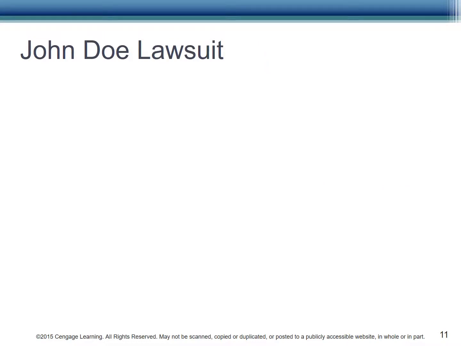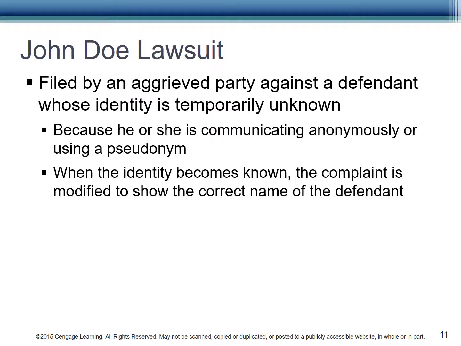Sometimes organizations know that someone's doing something to them that's inappropriate or illegal, but they don't know who it is. In those cases, they may be eligible to bring forward a John Doe lawsuit. Here, the organization or the person or the entity brings forward a case against a defendant who they don't know right now.